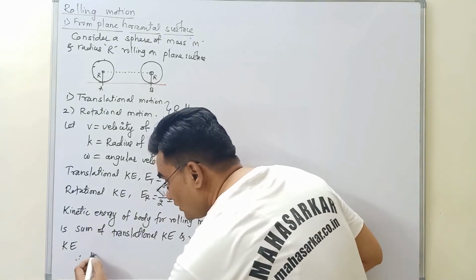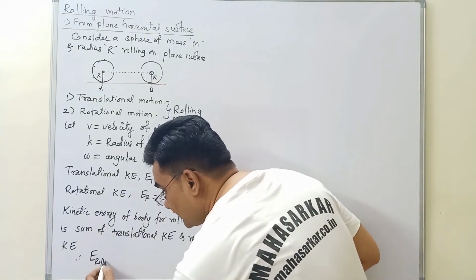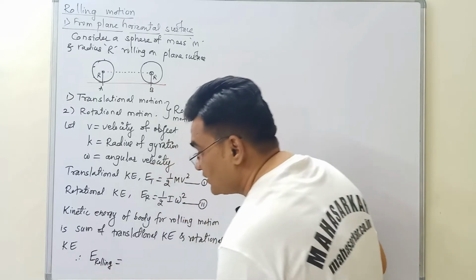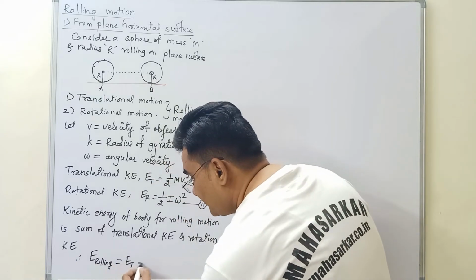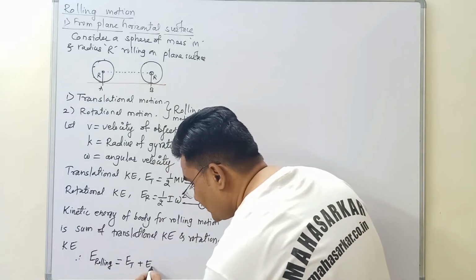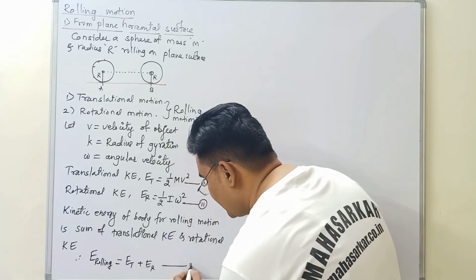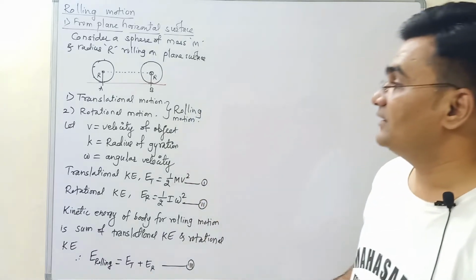Therefore, the kinetic energy of a particle performing rolling motion is equal to Et plus Er. Say this is a very important equation, number 3.